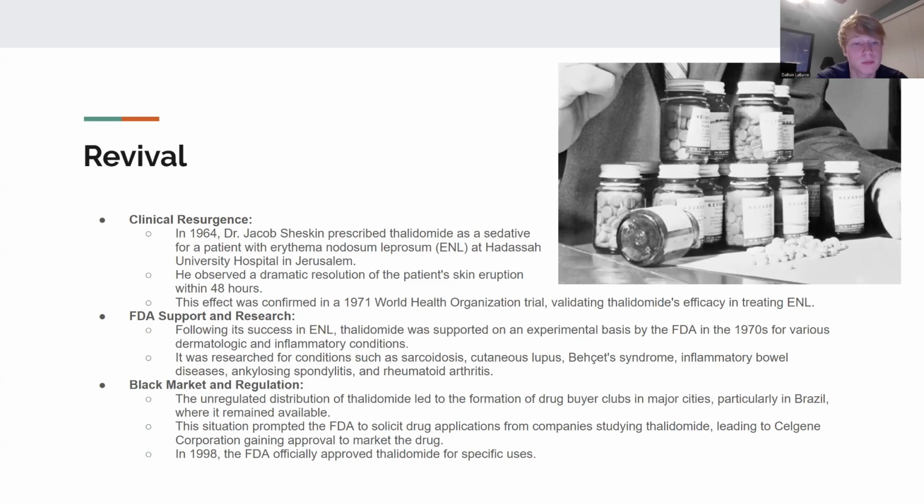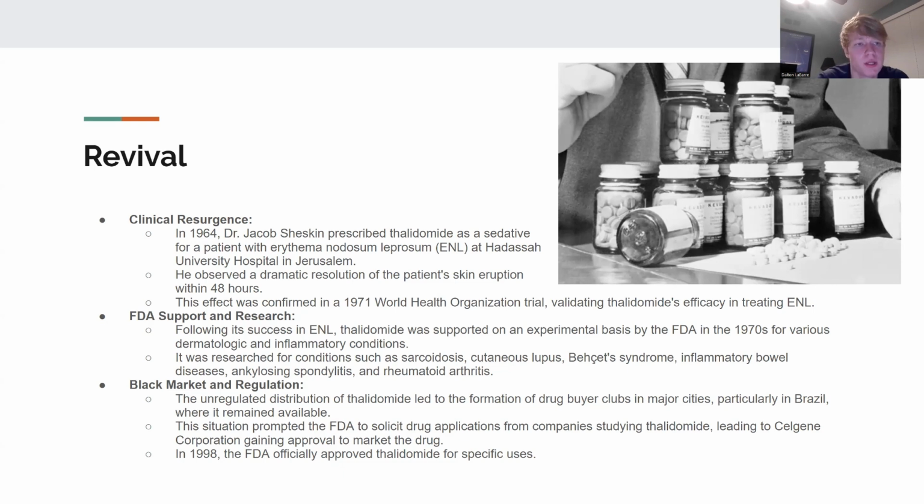And then he observed a dramatic resolution of the patient's skin. This effect was later confirmed at a World Health Organization trial, which validated thalidomide's usage in treating ENL.